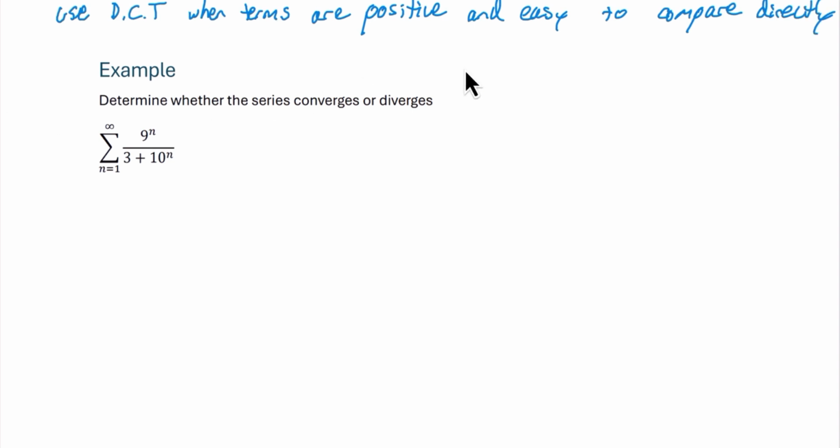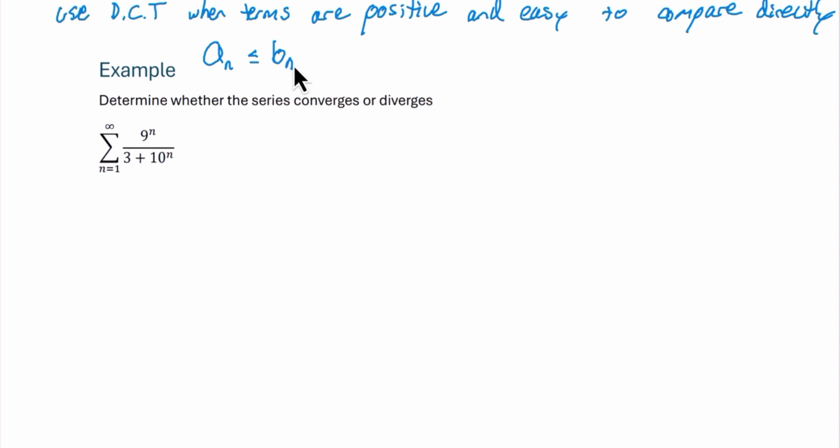For example, if we start with A sub n and we compare it with a known B sub n, and we find that B sub n is convergent.